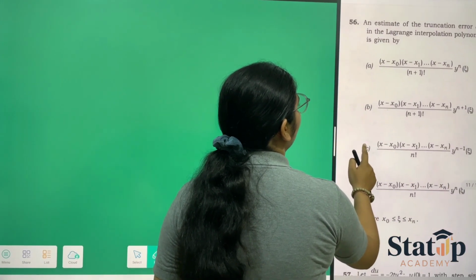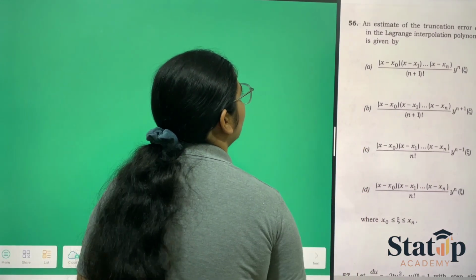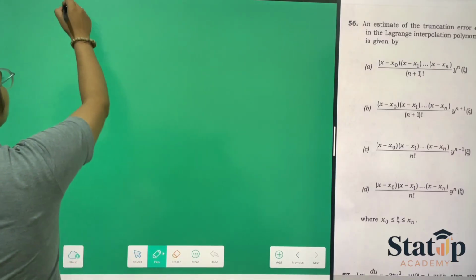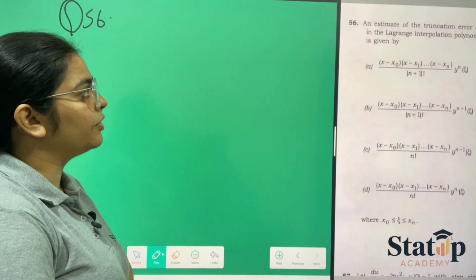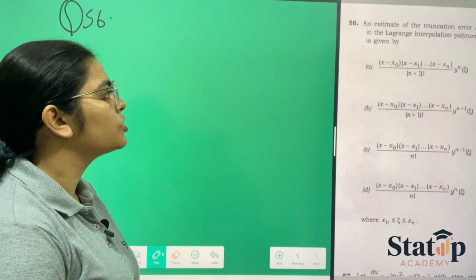Now this is another concept based question, which is our question number 56. Here they have given us the estimate of truncation error in Lagrange interpolation formula.